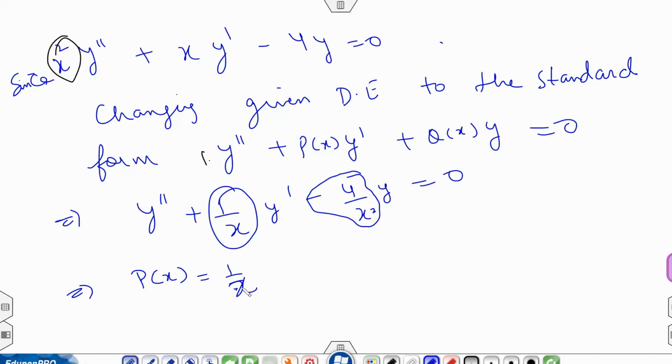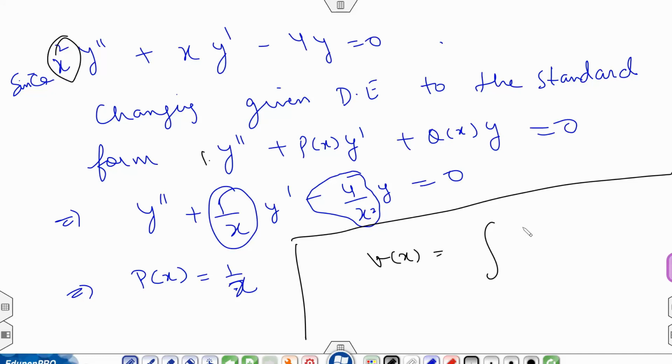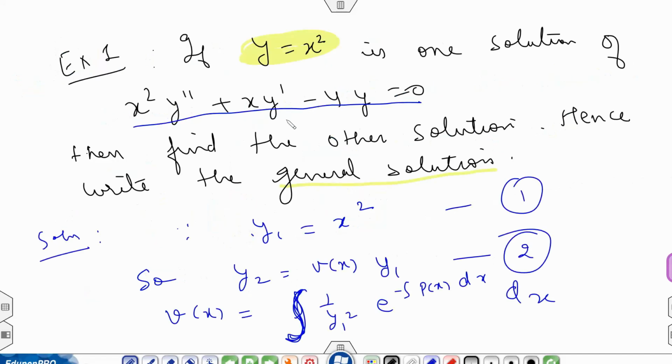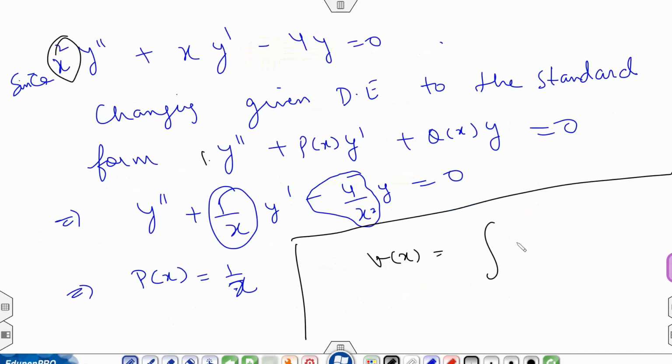And what will be our v x? So let us find out v x. My v x will be equal to the integration. I already have my one solution, that is x square. So 1 by y1 square, that is 1 by x to the power 4, times e to the power minus integral of p x dx, the whole integration.